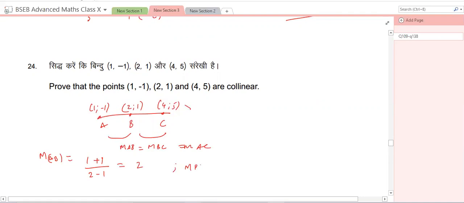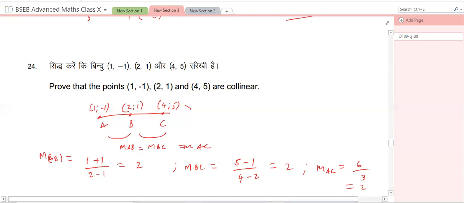Gradient of BC is 5 minus 1 over 4 minus 2, which is 4 over 2, which is also equal to 2. You don't need to check the gradient of AC because we already have these two. Gradient of AC we can see is 5 plus 1, which is 6, over 4 minus 1, which is 3, which is also equal to 2.